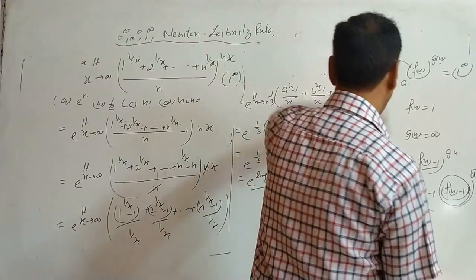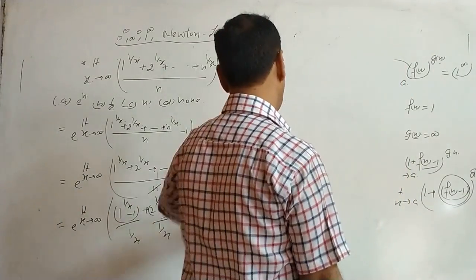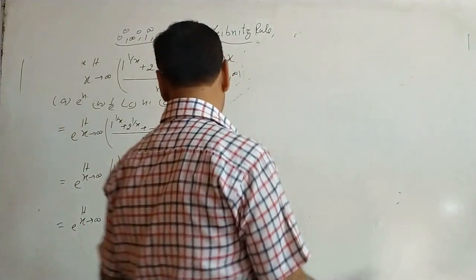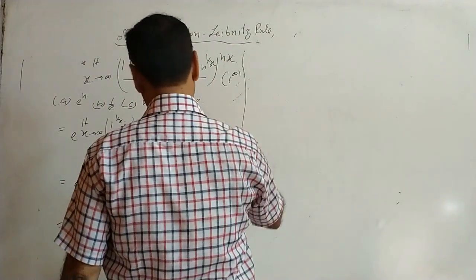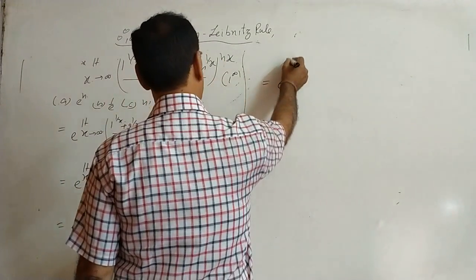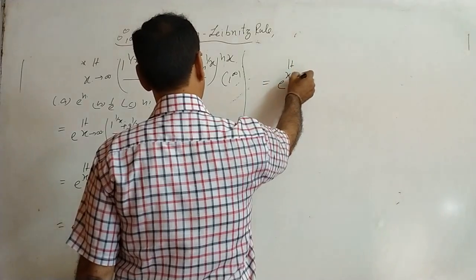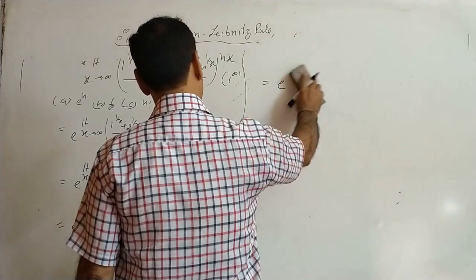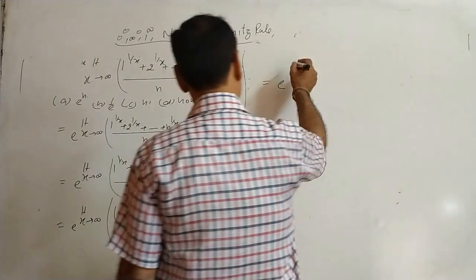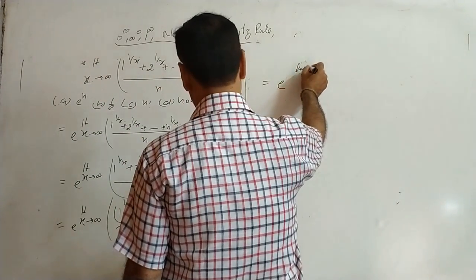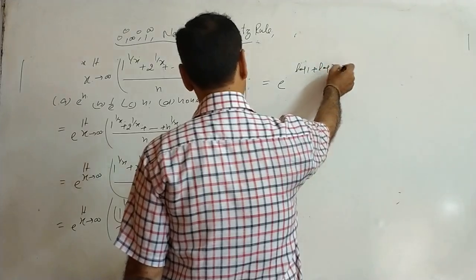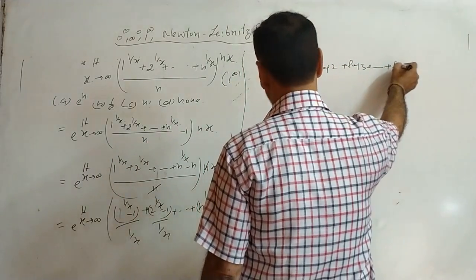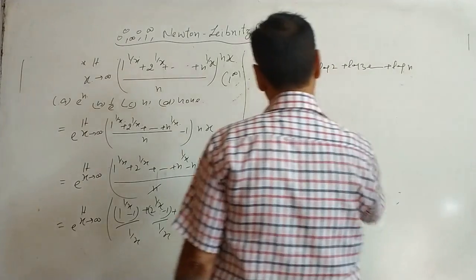So now we can write, what can we write for this, beta, please look carefully. This is equal to e raised to power limit x approaches to infinite. Let me omit the limit. So you may write, the first part is log of 1, then plus log of 2, then plus log of 3, and going in this way it is log of n.